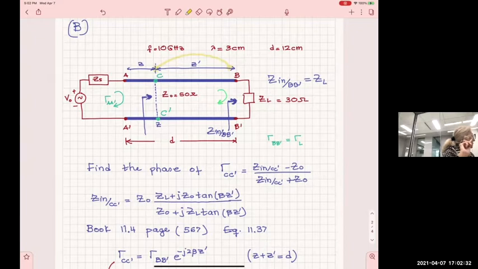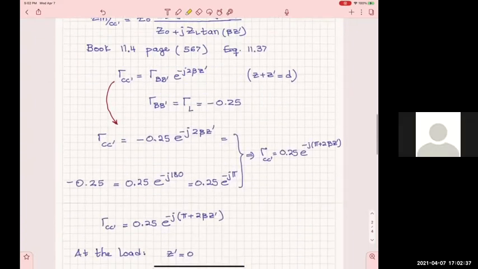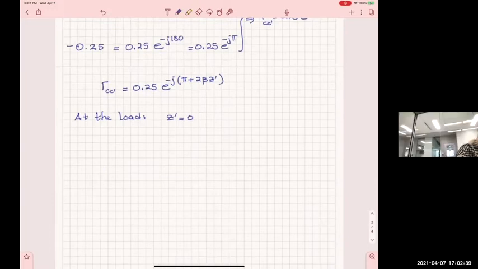Do you agree? Yes, okay, perfect. So at the load, that is true. So then what do I have? Gamma at the load equals 0.25 e to the minus j pi, which is exactly what we got before, minus 0.25.